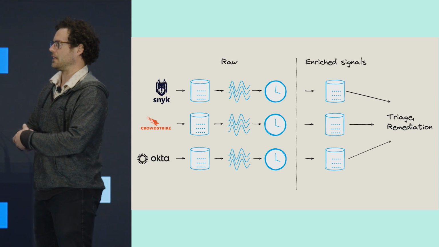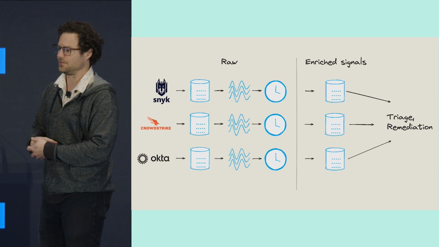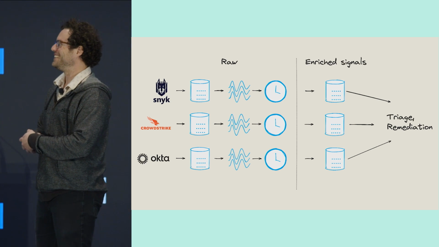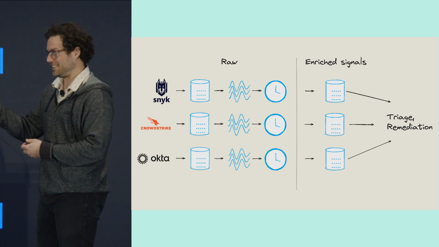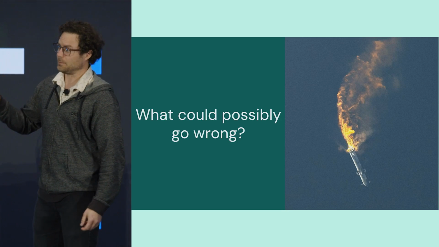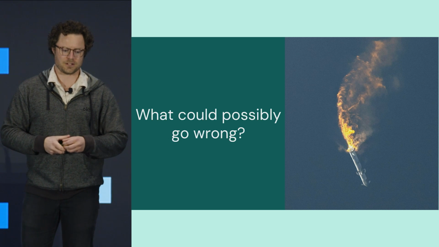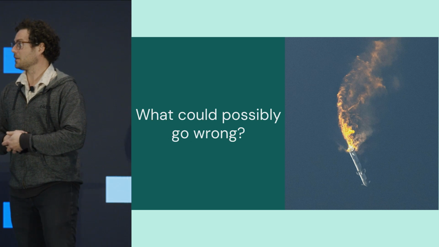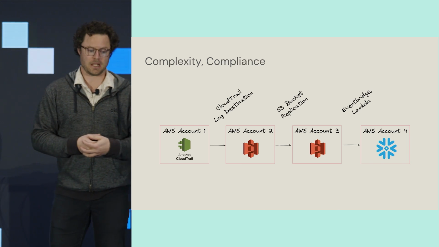And again, this is very similar to the world of MDS, and whether or not MDS is dead. The modern security data stack is looking like this, and it's just getting going. But what could possibly go wrong? This is not the end state, it's just the initial wedge to provide a lot of value to the org. So first and foremost, the complexity in doing this is pretty high.